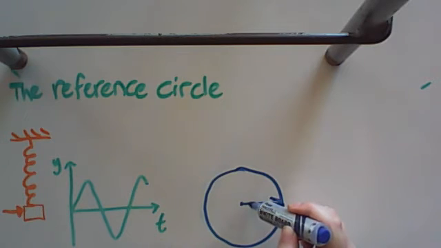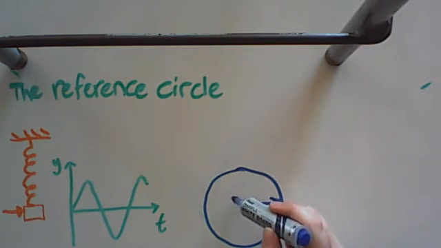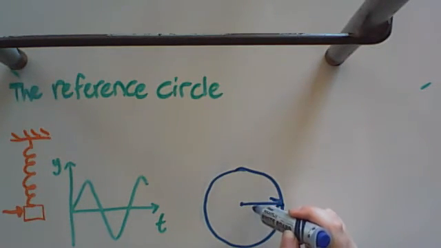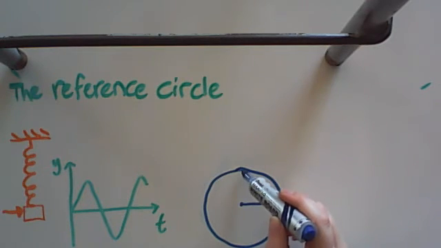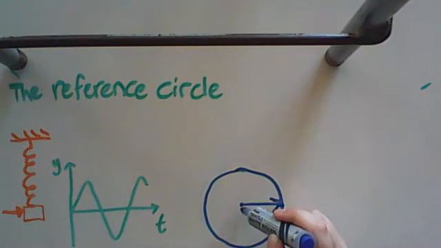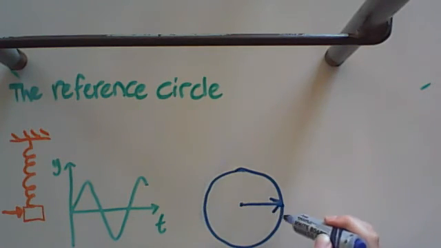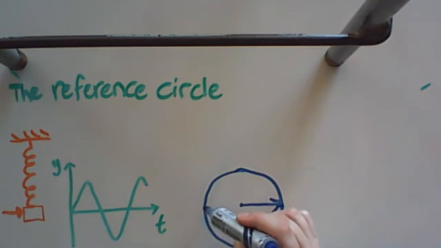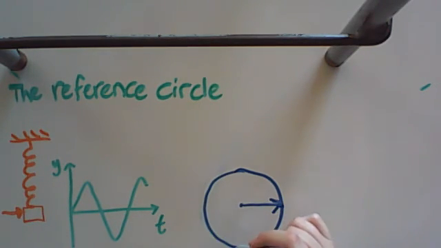It takes one period for the arrow to get back to the beginning. When the arrow's at the top, our object is at its maximum displacement. When the arrow's at the middle, on this side, it's at its equilibrium position and moving up. When the arrow's on this side, it's at its equilibrium position and it's moving down.